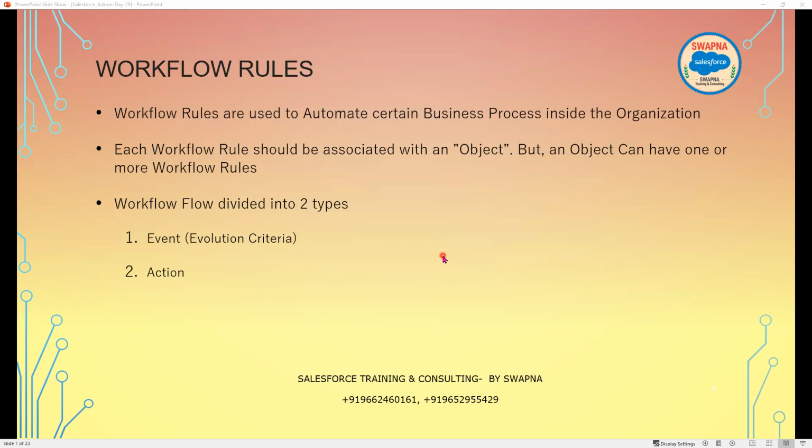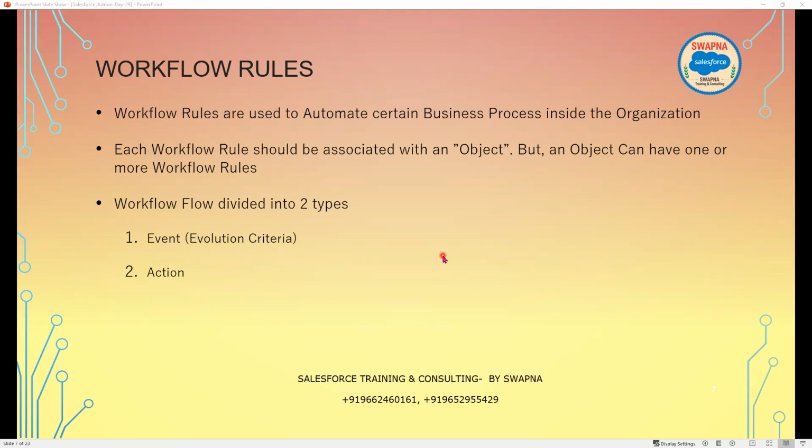Event is the scenario in which the workflow should fire. Action is what needs to be performed: updating a field action, sending an email action, or a task action. Whatever the actions are, that is the action.